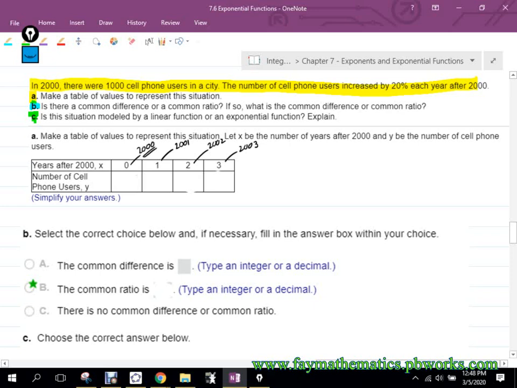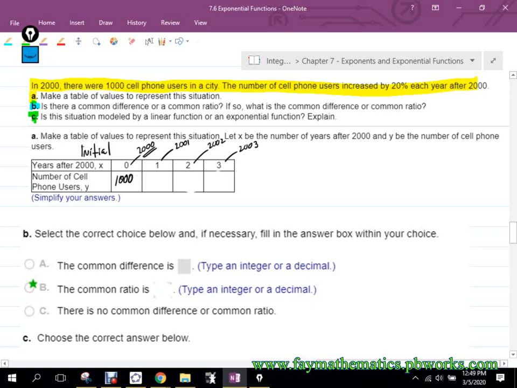That's the start of this data. When your year is 0 or your time is 0, we call that an initial amount, an initial time period. Does that make sense? So at the initial time, how many cell phones did we start off with?